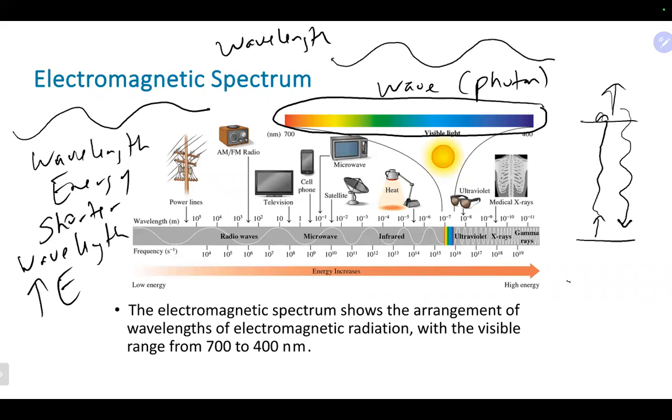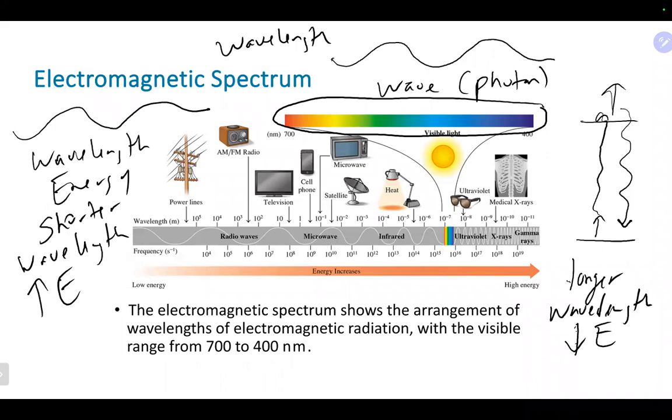The shorter the wavelength, the higher the frequency, which means it occurs a lot faster, and that's usually associated with higher energy, and vice versa. The longer wavelength is usually associated with a lower energy. A longer wavelength has a lower frequency, is moving slow, kind of big, and has a lower energy.